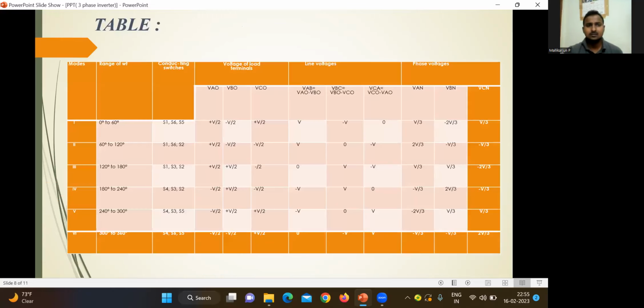The second case is the duration from 60 degrees to 120 degrees. Here the thyristors are S1, S6 and S2.